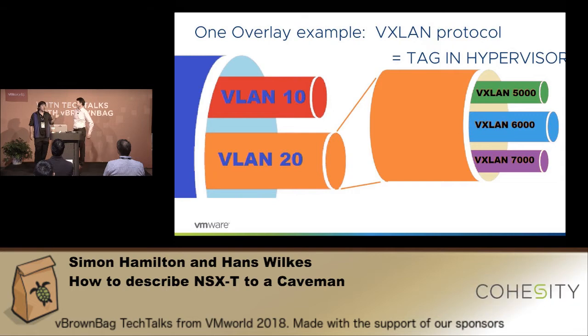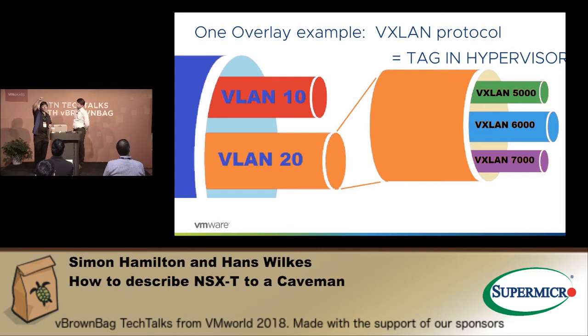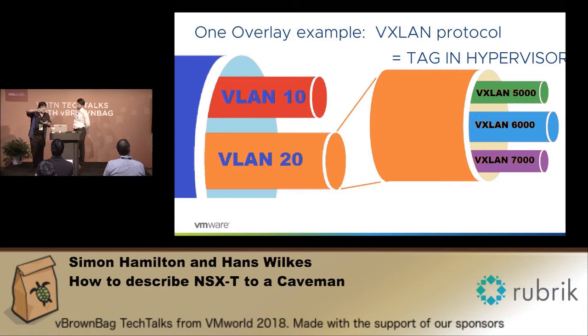VLAN technology has been around for years, and so we just think, hey, I've got a physical network, I'm tagging my physical network traffic with a VLAN ID, say VLAN 20, and therefore that's a logical network on my physical network. But we can, in the hypervisor, tag it further, tunnel it further, such that, again, if I have a network packet coming out of a virtual machine and I tag it with identifier 5000, it's now on VXLAN 5000.